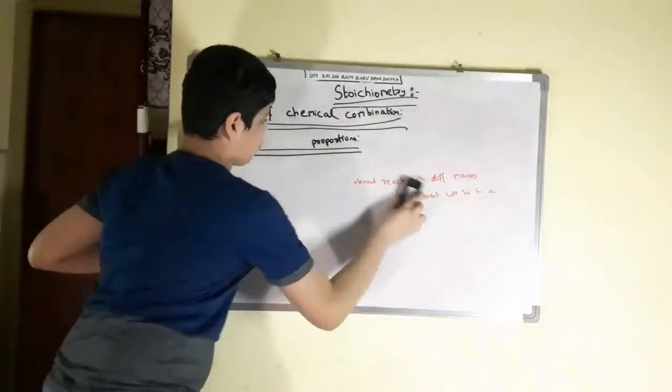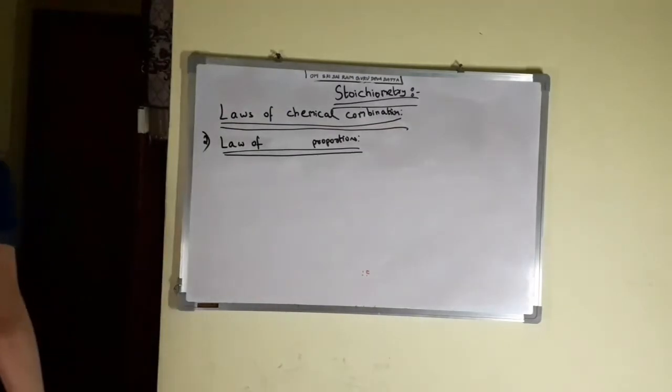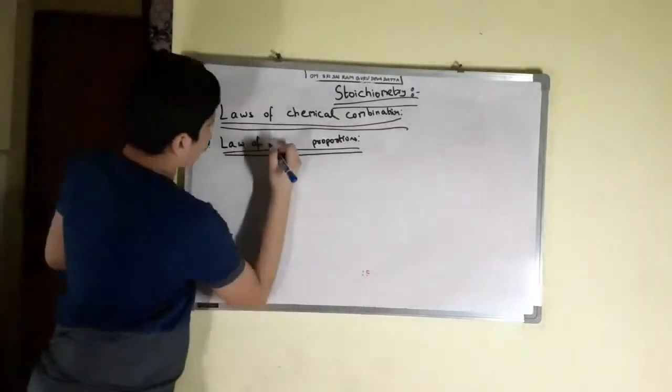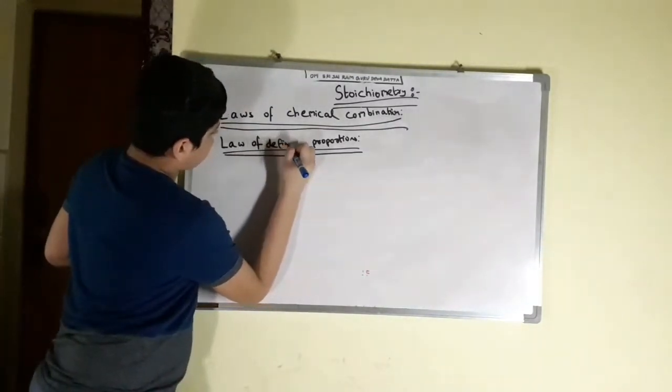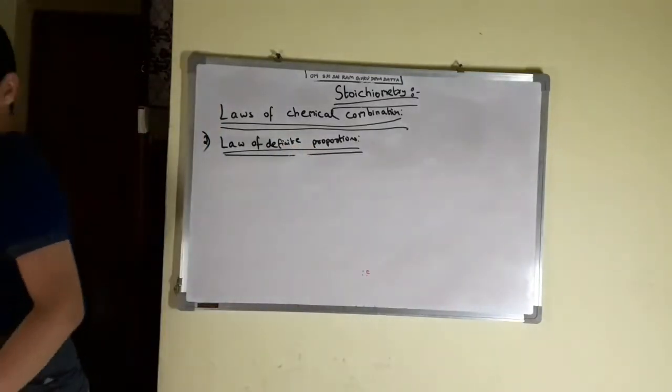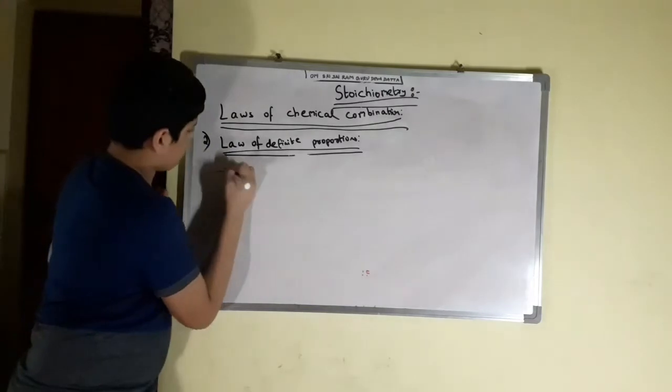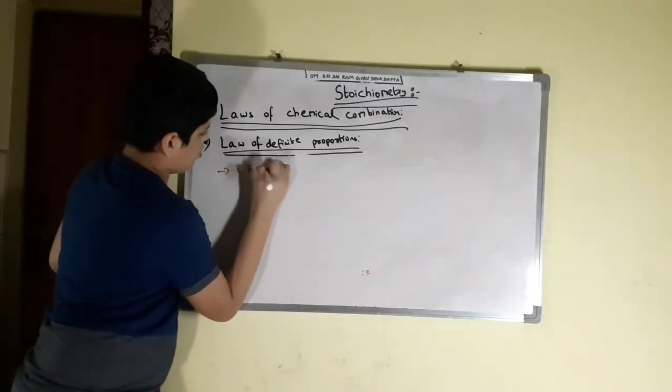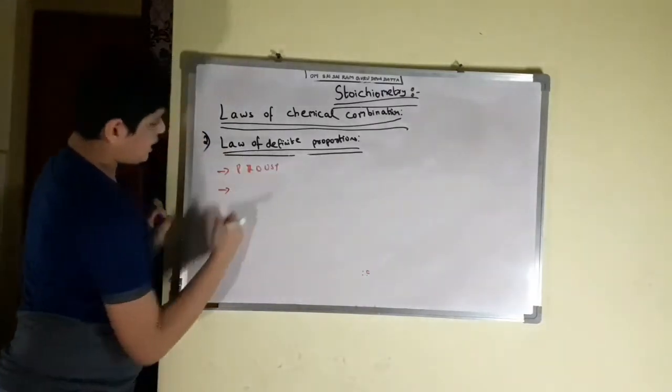The next law is the law of definite proportions. This is also known as the law of constant proportions. This was proposed by Proust. So what does this law state?